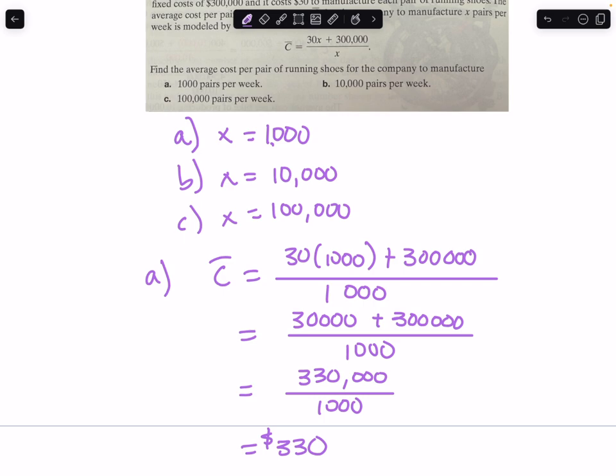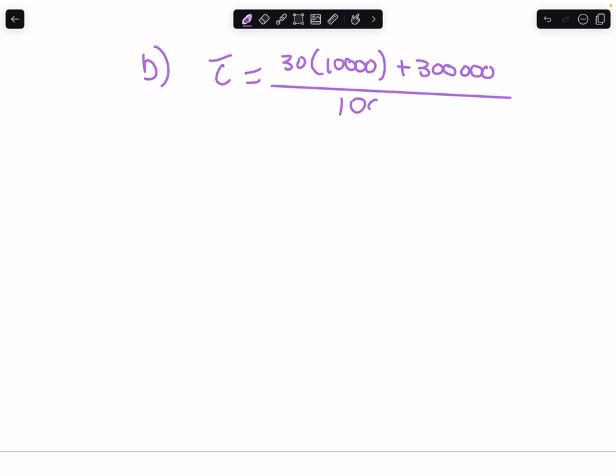Okay, let's see what happens if they scale their production to 10,000. So in part B, remember X is equal to 10,000. So C bar is equal to 30 times 10,000 plus 300,000, that fixed cost, divided by the number of pairs produced per week, which is 10,000. So 30 times 10,000 is 300,000 plus 300,000, all divided by 10,000.